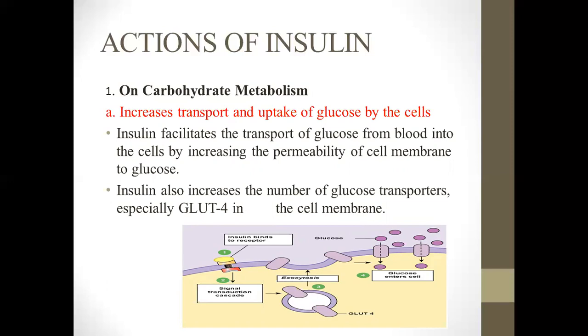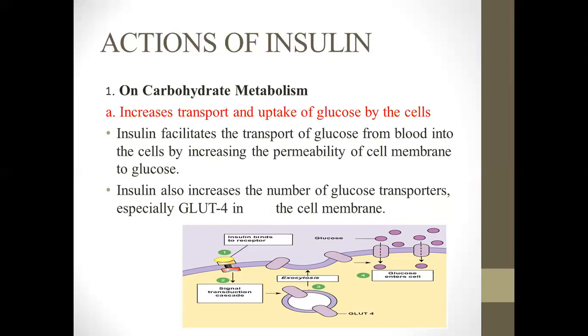When the permeability of the cell membrane increases, it facilitates the transport of glucose into the cell. Insulin also increases the glucose transporter protein, GLUT4, in the cell membrane. This glucose transporter protein then increases the transport of glucose into the cell.